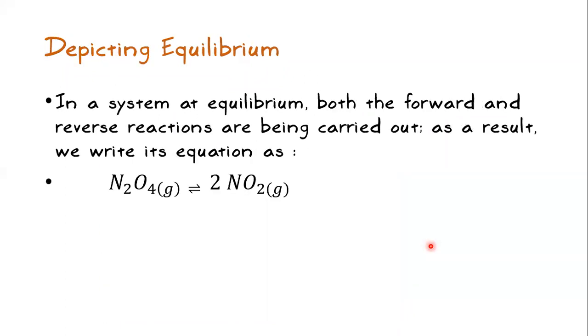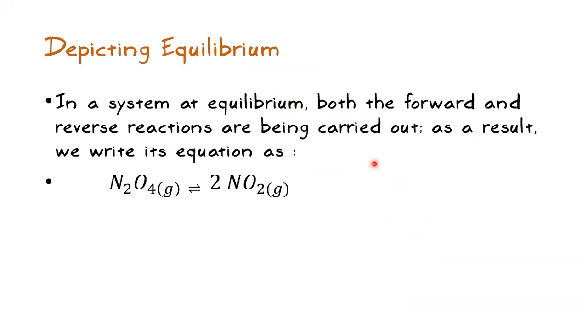Okay, now let's see how we can depict or show equilibrium using chemical equations. As we mentioned earlier, if a system is at equilibrium, both the forward and the reverse reactions are being carried out.